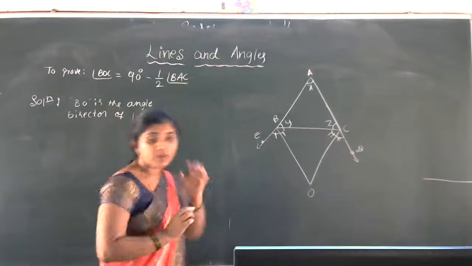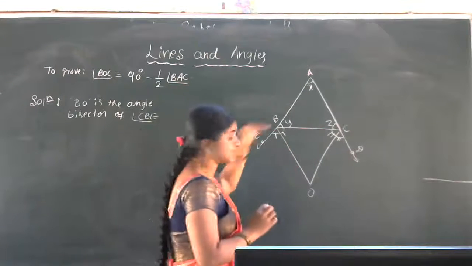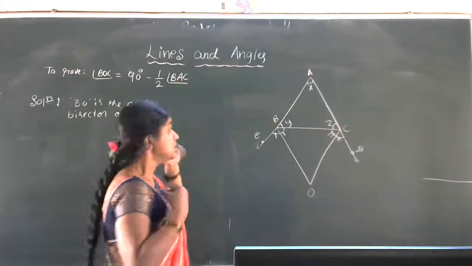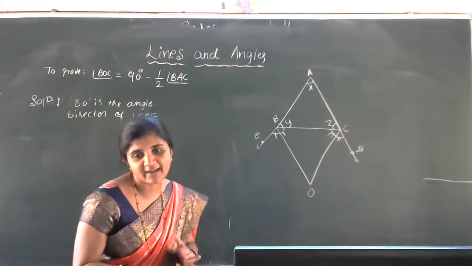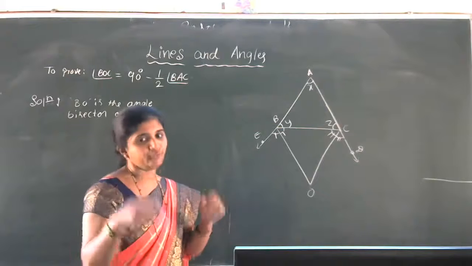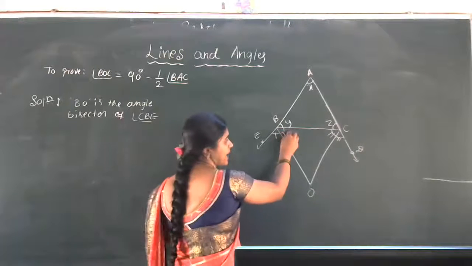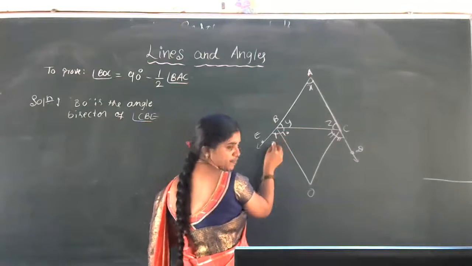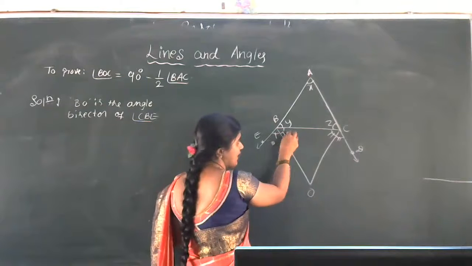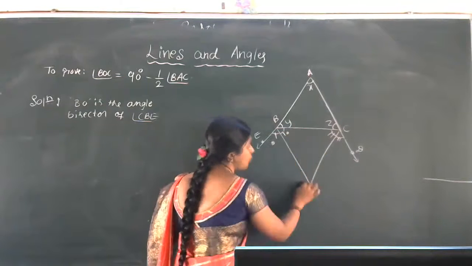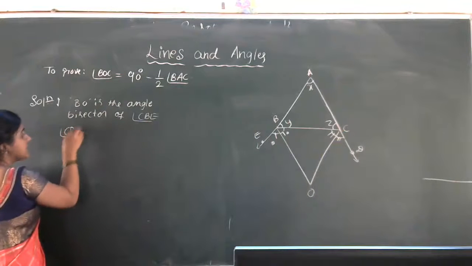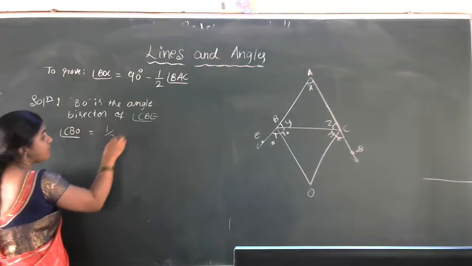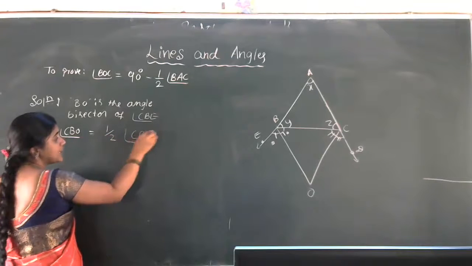BO is the angle bisector of this angle CBE, so it divides the angle into half. For the proof, I need this half part, not the other half. I am taking this one, angle CBO. Angle CBO is half of angle CBE.